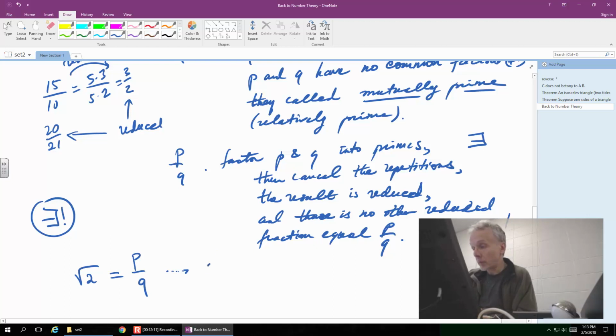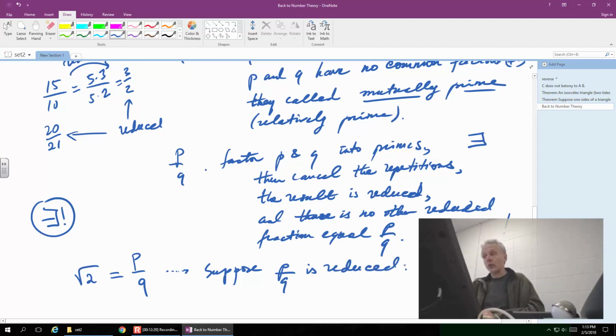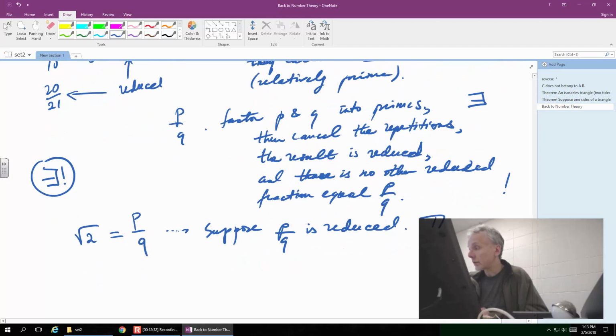So suppose p over q is reduced, because every fraction has a reduced form, and so it's equal to it. So just as well, we can assume that we did all the reduction, and we have a reduced fraction.